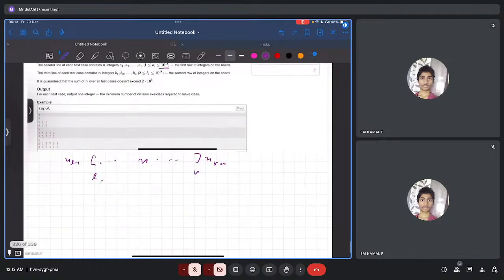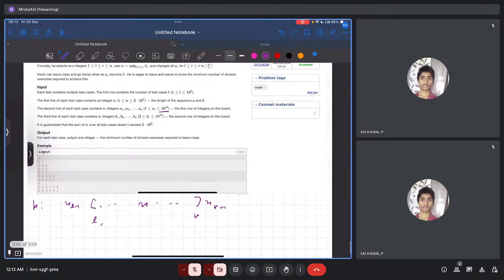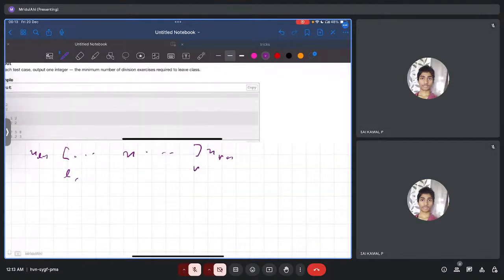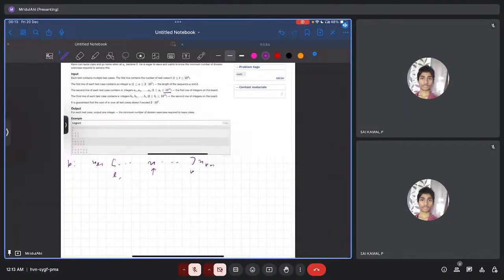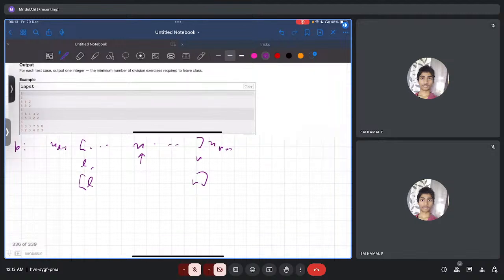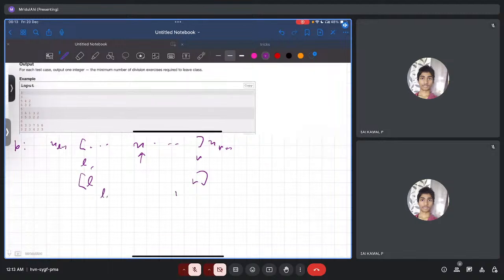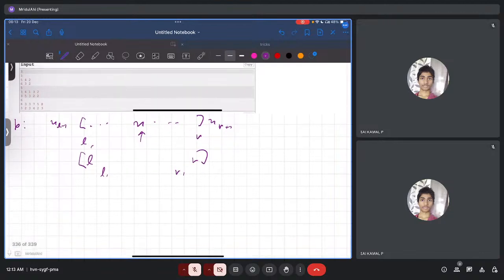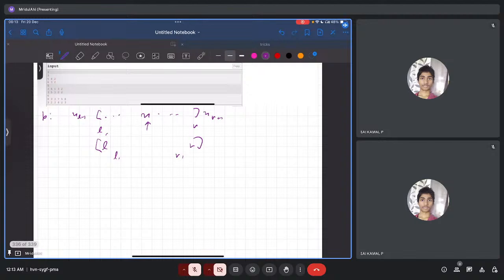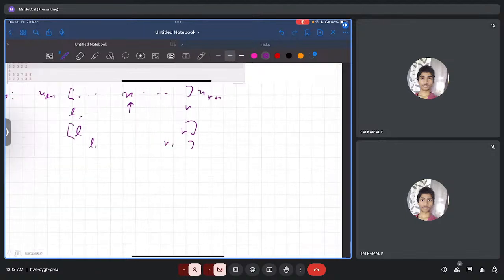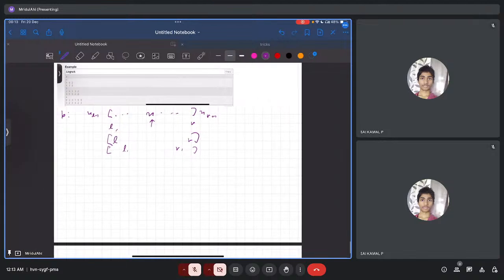This is a subarray in B. So if we pick x as our minimum element, then it is always optimal to pick this subarray L to R, because let's say that we had picked an array L1 to R1 where L1 is greater than or equal to L and R1 is less than or equal to R. Then we could have extended it to L comma R and have the same effect on A, but also divide another subarray by x.